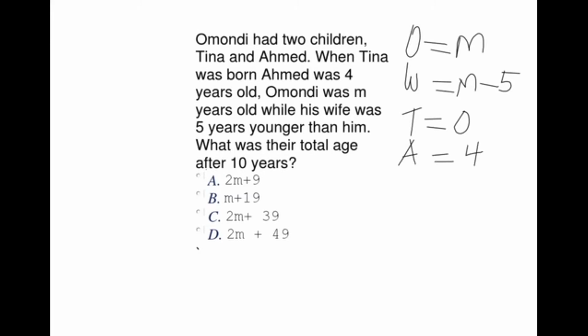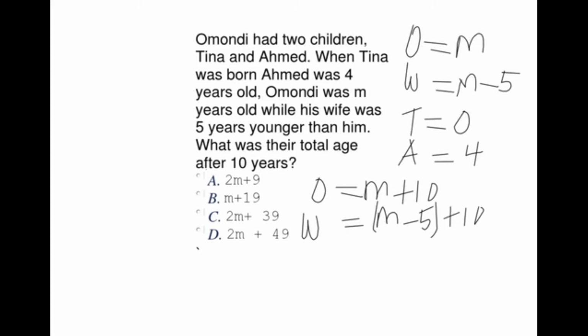The question is, what will be their total age 10 years to come? So Omondi will be M plus 10. The wife will be M minus 5 in brackets plus 10. Tina will be 0 plus 10, which is 10. Ahmed will be 4 plus 10, which is 14.